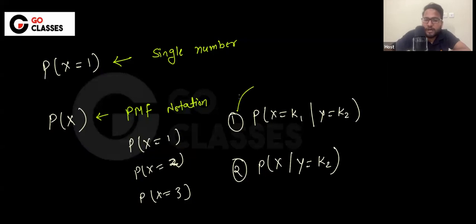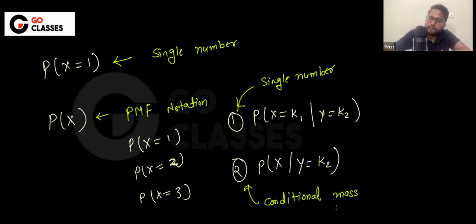So this is a single number only, right? Single number, because I'm talking specifically, but this is the conditional mass function. Is this understood to everyone? Let me just know.